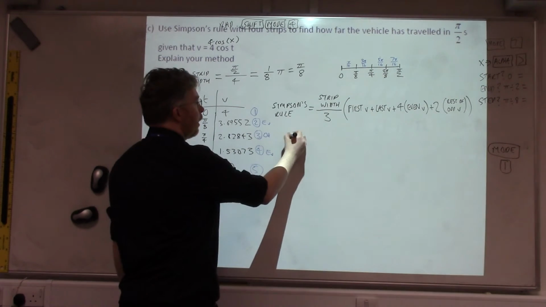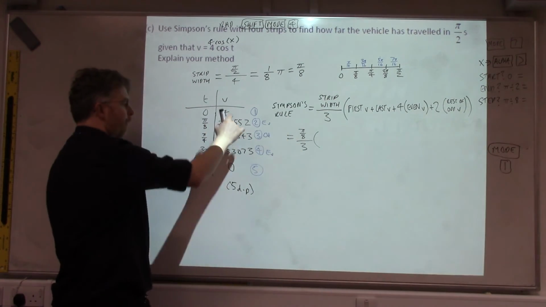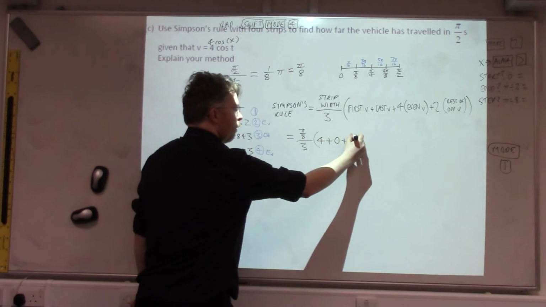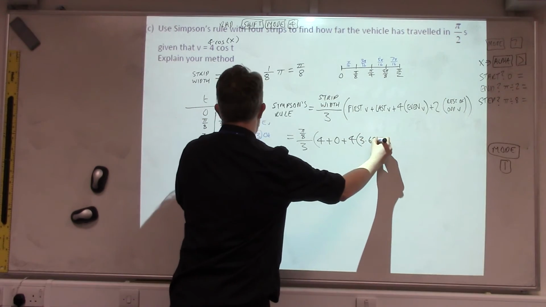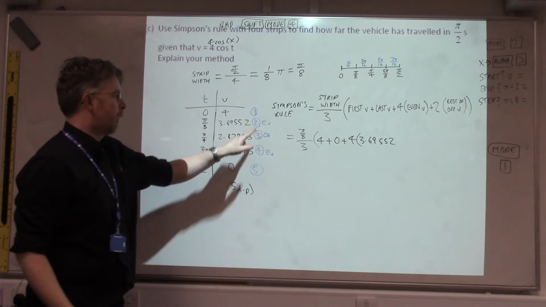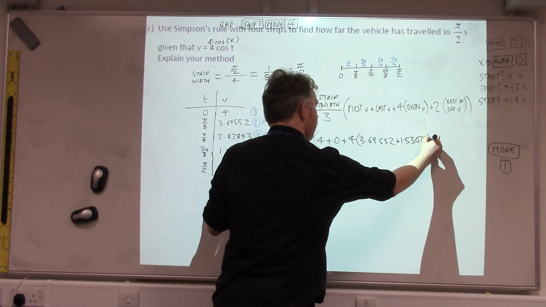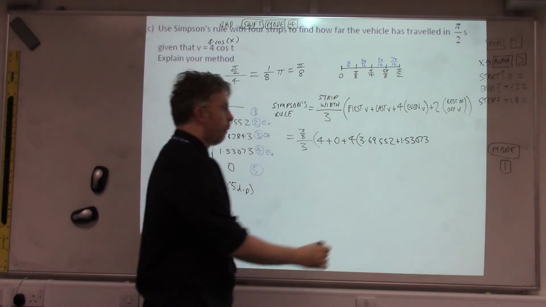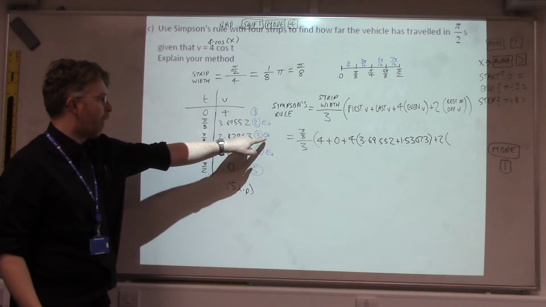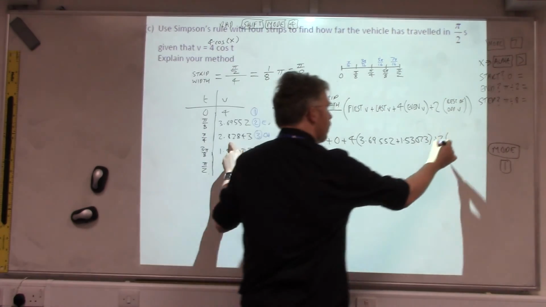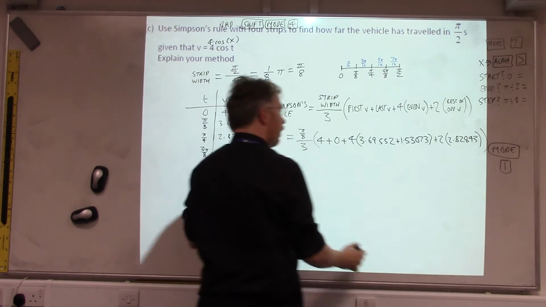So sticking our values in, pi over 8 divided by 3, open bracket, first V plus last V, 4 plus 0, plus 4 times the even V, so 3.69552 corresponds to the second position, and 1.53073 corresponding to the fourth position, close bracket. Plus 2 times rest of the odd. Well, the first and the last have been used, so the only odd left is the 3, so 2.82843, close bracket, close bracket.